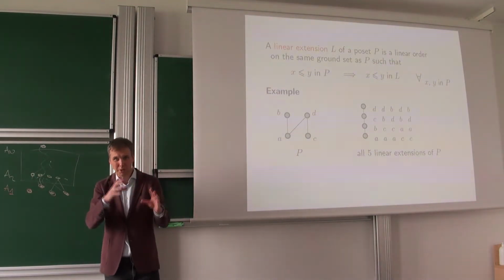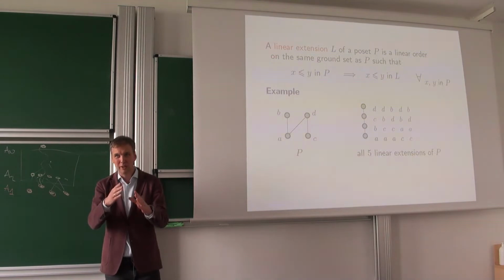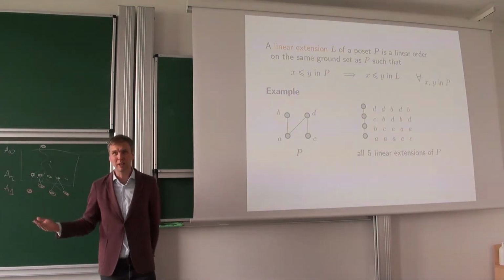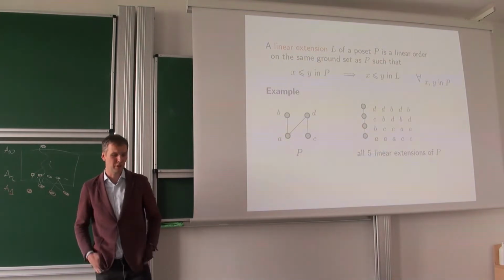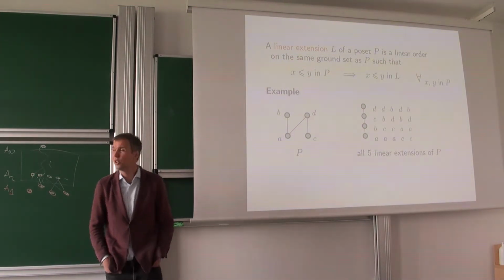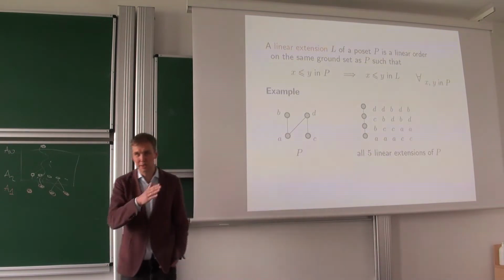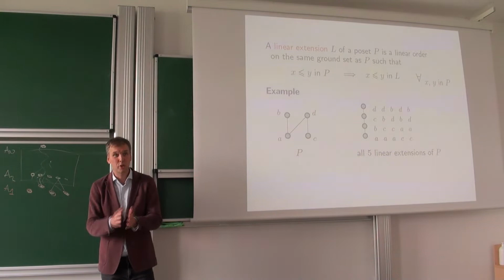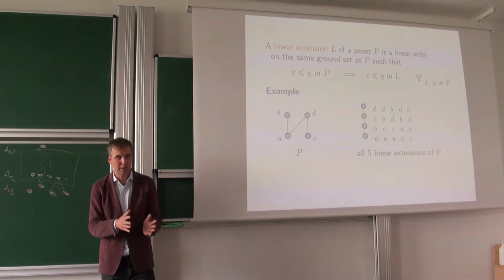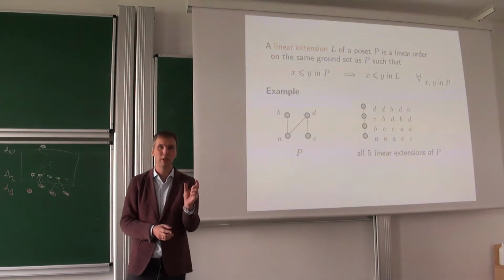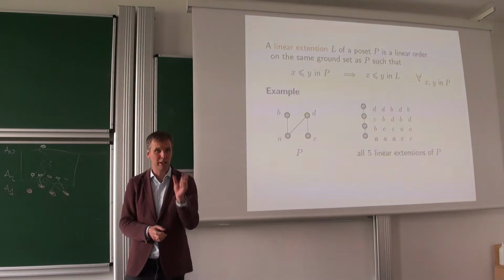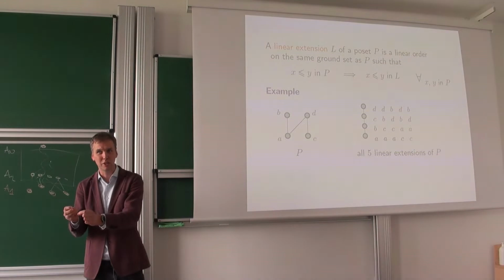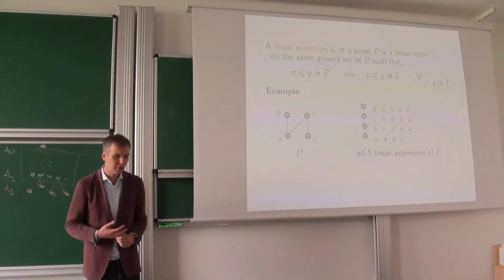Maybe we just draw what we see, a partial order, but there is something behind. This possible thing behind is a linear extension of a poset. It's a linear order on the same ground set as our poset, such that it respects the poset, which means that whenever x is less than y in the poset, it must be x less than y in the linear extension. That's the notion of a linear extension.